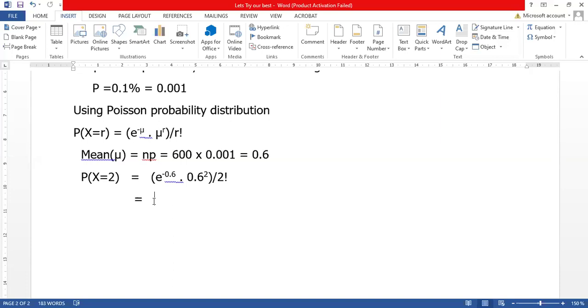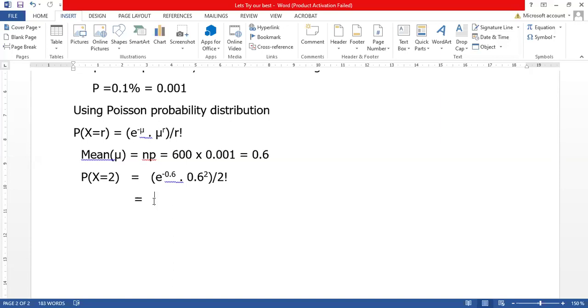When you see E, don't put power again, because that E is already power. Simply write negative 0.6, times open bracket 0.6 close bracket power 2.